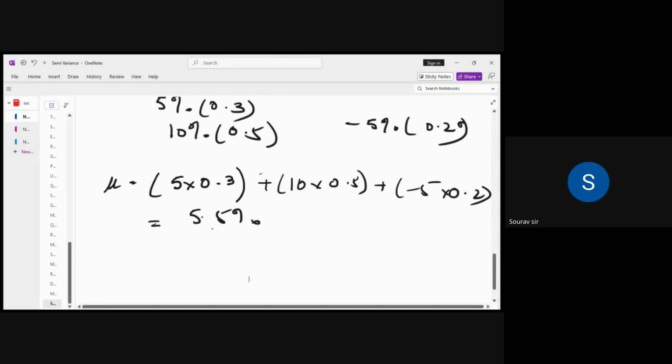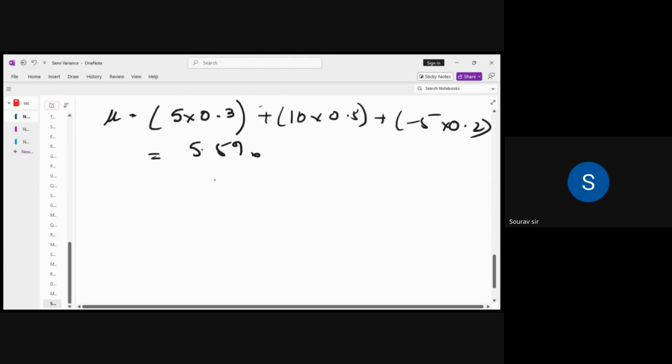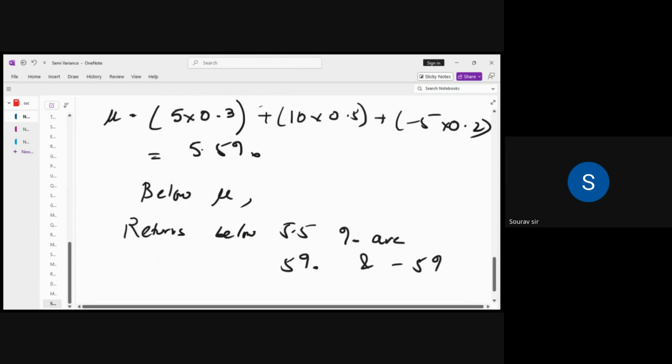Then what is my step 2? I have to find values which are below mu. The returns below 5.5% are 5% and minus 5%.